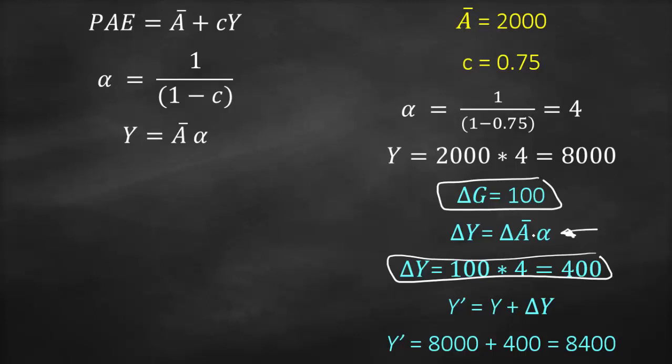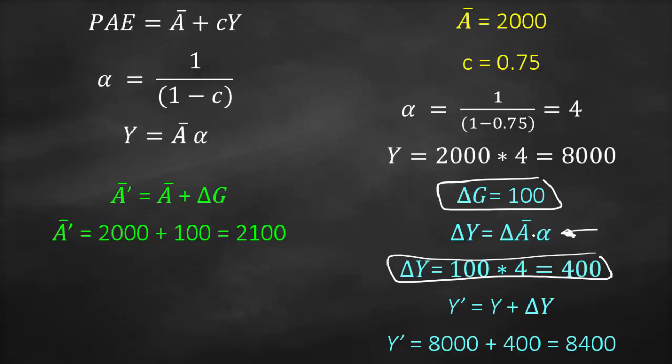There is another way to calculate the change in output if we change one of the components of our aggregate expenditure formula, either C or I or G or X or M. The other way is to calculate our new autonomous spending, the new A bar. So A bar prime is equal to our old, existing A bar plus the change in G. So our A bar is 2,000, and government expenditure will increase by 100.